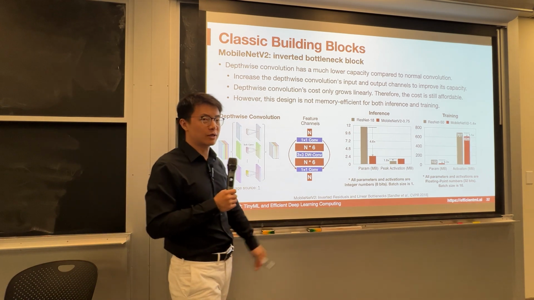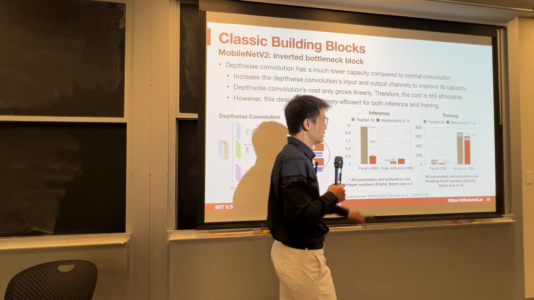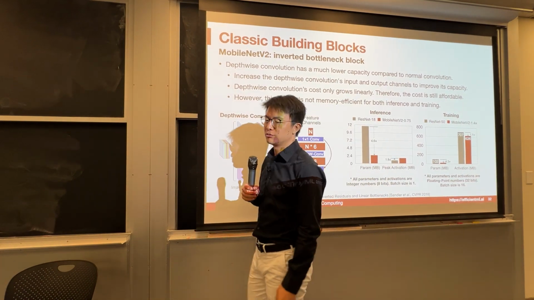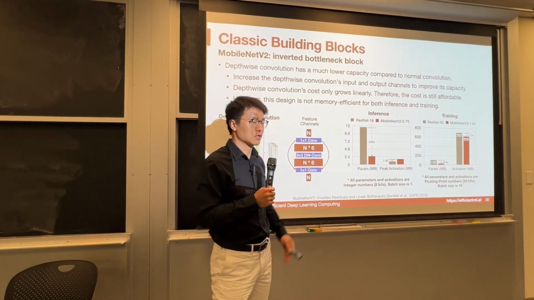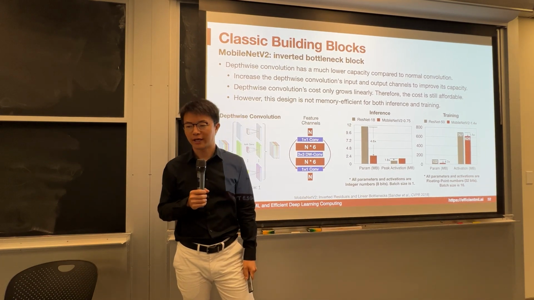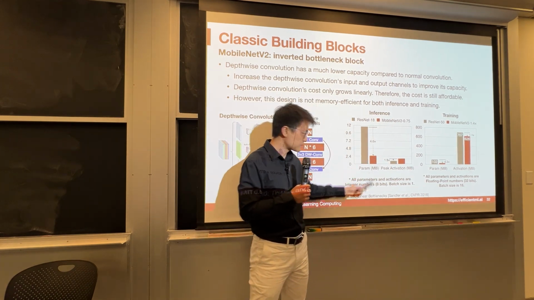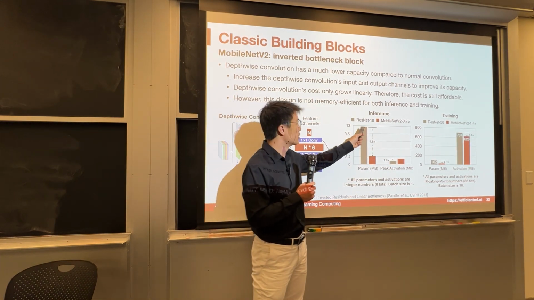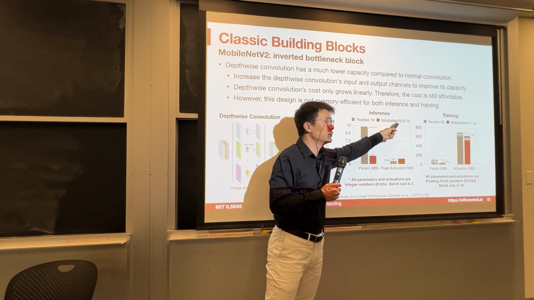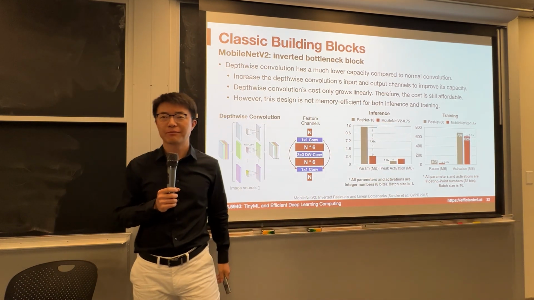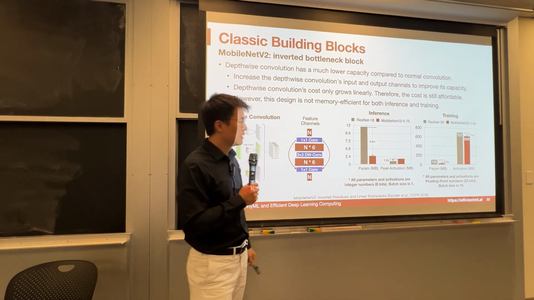So we dived deeper into analyzing the inference and training statistics of MobileNet v2, especially this inverted bottleneck layer. This is compared with ResNet-18, with MobileNet v2 scaled by 3/4 to make sure they have the same ImageNet accuracy.